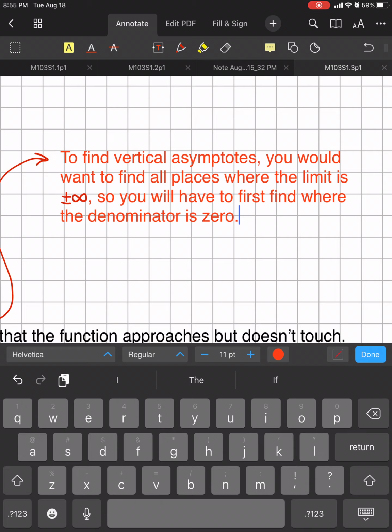Now, that's not, every time the denominator is 0, we aren't guaranteed a vertical asymptote.